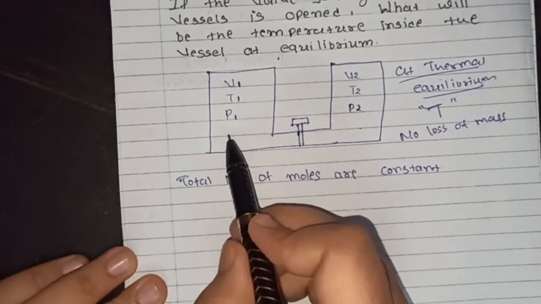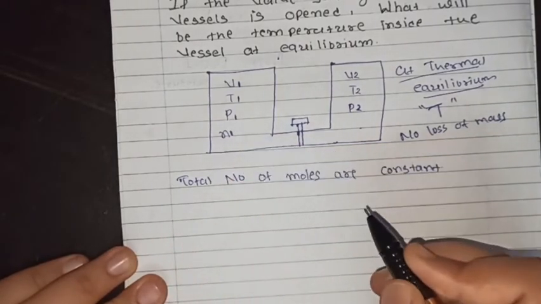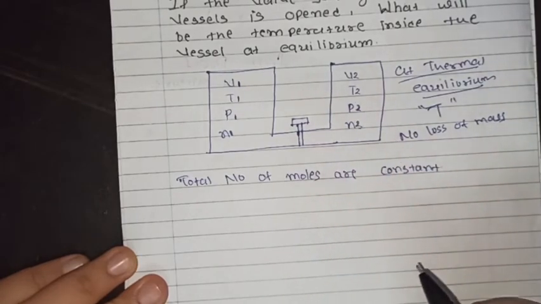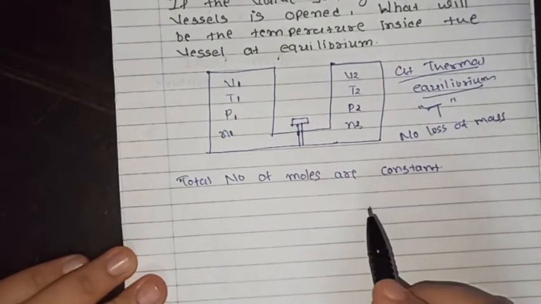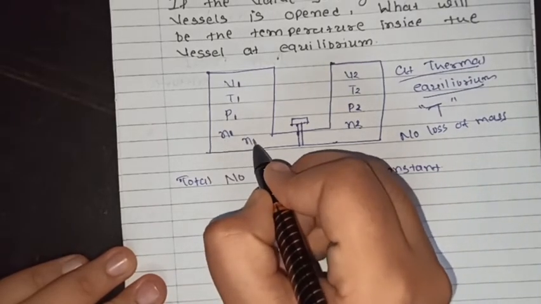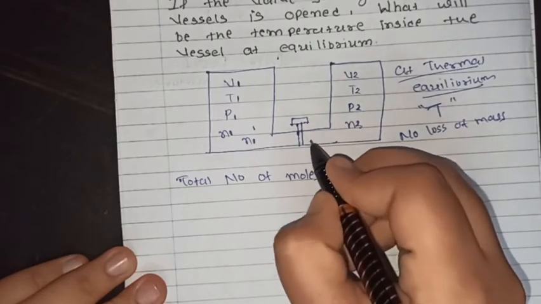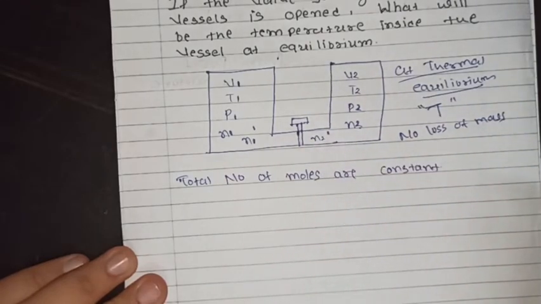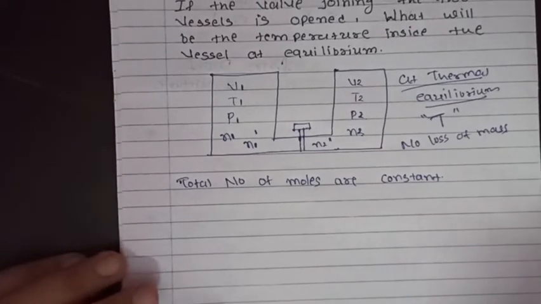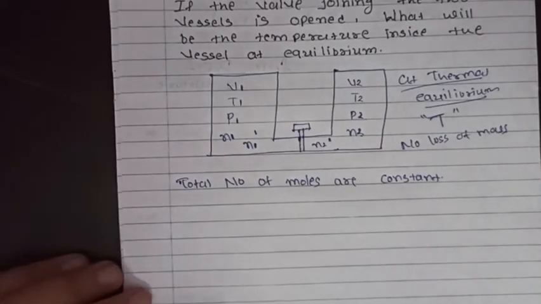Let's say the container 1 was having N1 number of moles and container 2 was having N2 number of moles before opening the valve. After opening the valve, it is containing N1 dash number of moles and it is containing N2 dash number of moles. But in any case, the total number of moles should not change.